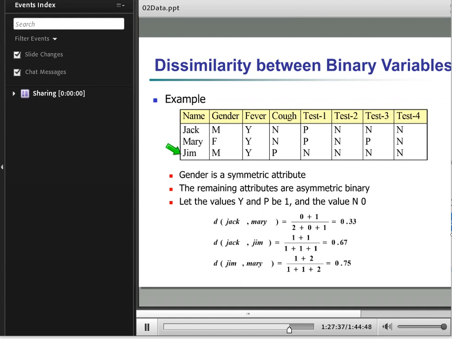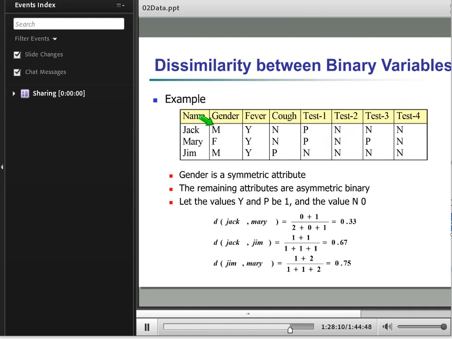As I see here, my data set is not symmetric. I have 2 male and 1 female record here. So for gender, for example, oh, excuse me, this one is symmetric, but the rest are not symmetric.